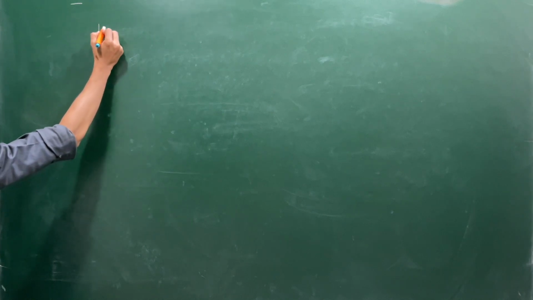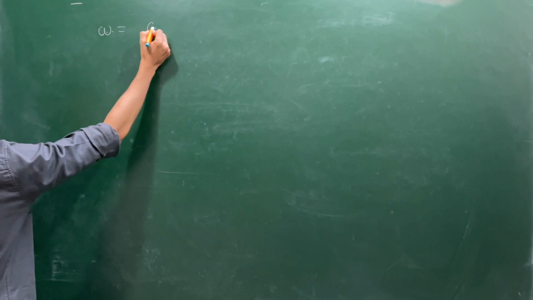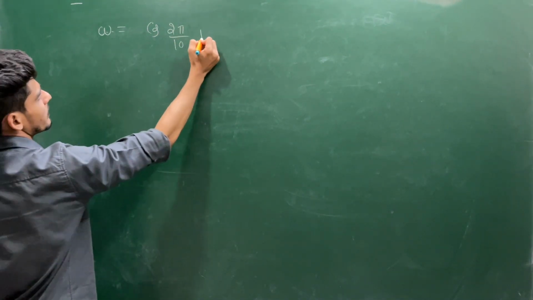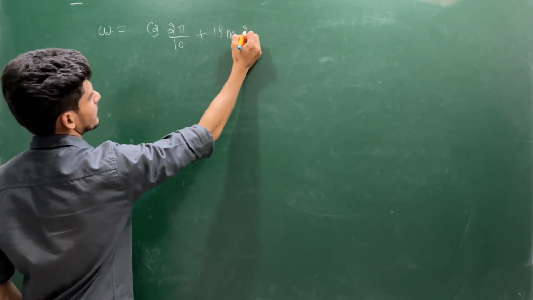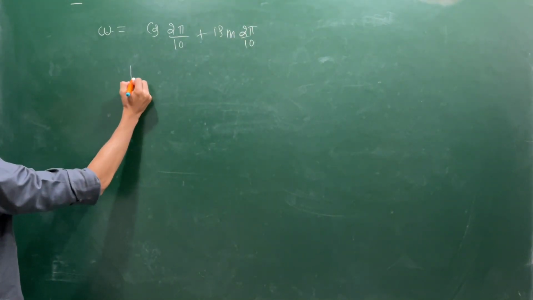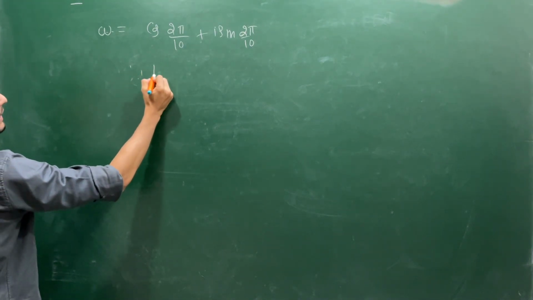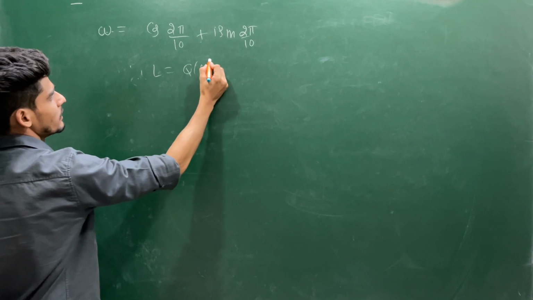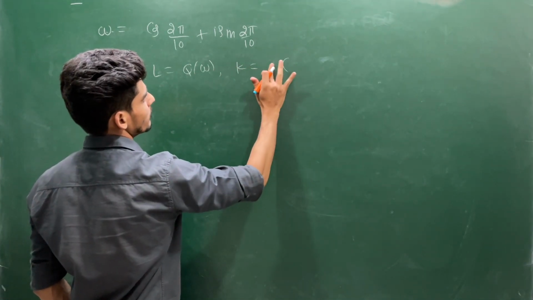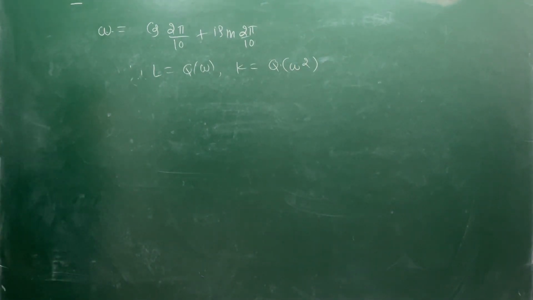Suppose omega is cos 2 pi by 10 plus i sin 2 pi by 10. So we are having this extension, say L is equal to Q(omega), K is equal to Q(omega square).